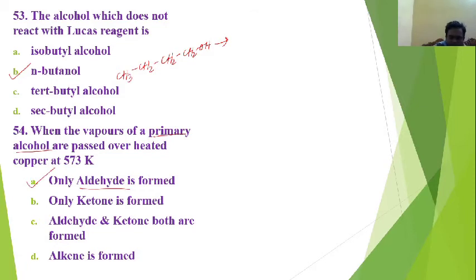Option A. In presence of copper, this is an elimination reaction giving an aldehyde, with a double bond to O.